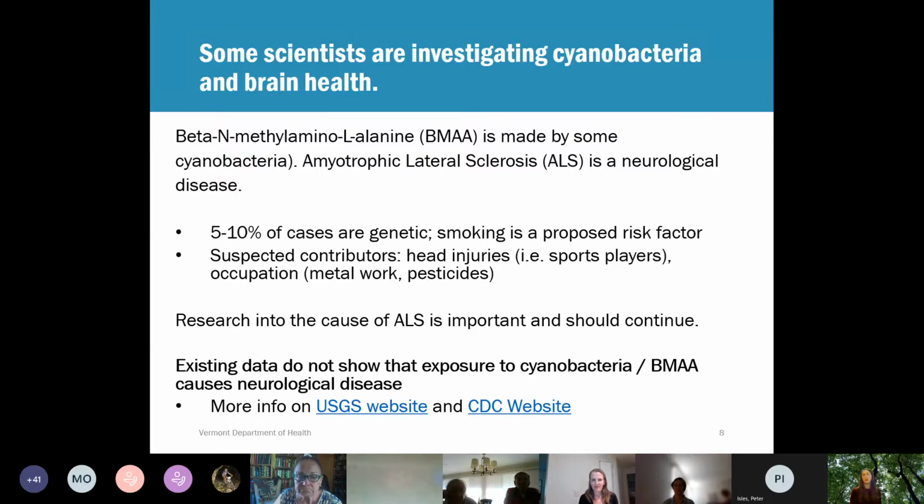And some occupations may lead to a greater risk for developing ALS, especially working with metals and pesticides. But because 90% of ALS cases are unexplained and ALS is such a devastating disease, it is important that all research into the causes of ALS continue.